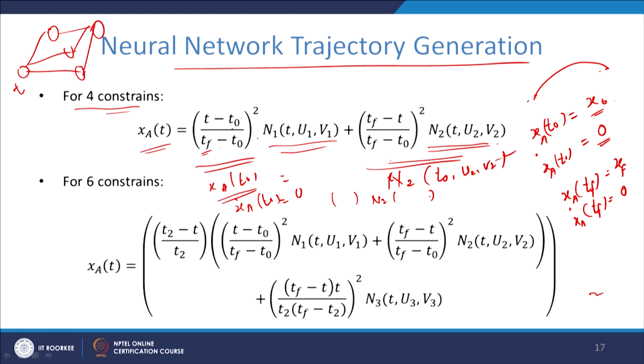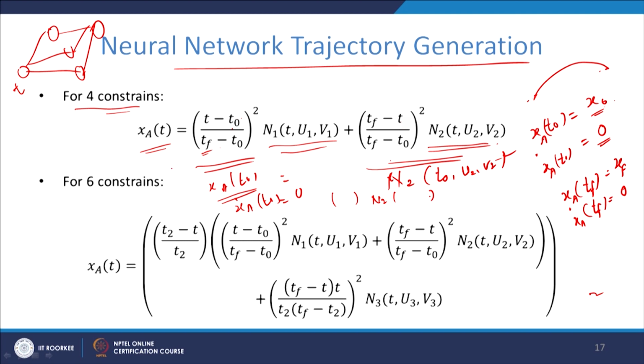Similarly, for training this N1 neural network, we substitute the final time Tf. When we substitute final time Tf in the place of t, we get the second term is 0, only the first term will survive. Similarly, when we differentiate it and then substitute t equal to Tf, the second term will become 0, only the first term will remain.